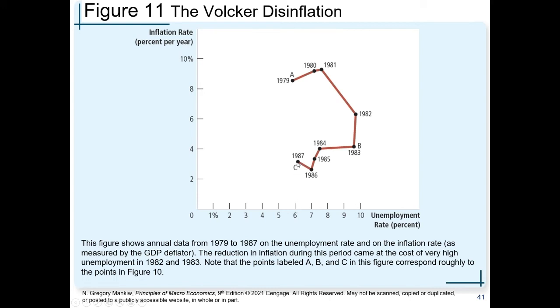So even though unemployment stayed the same at 6% through the 8 years, inflation dropped from 8% all the way down to around 3%. As you can see, Volcker succeeded in reducing inflation, but the unemployment rate was high, right?